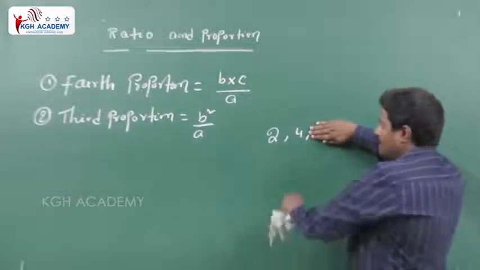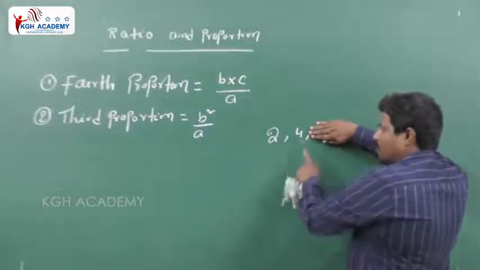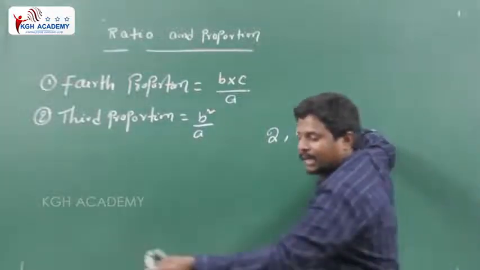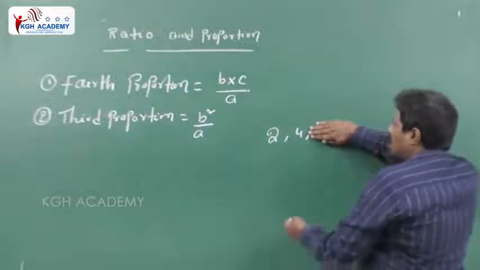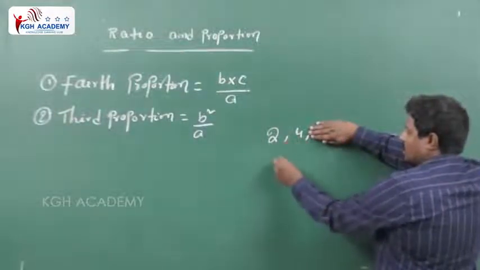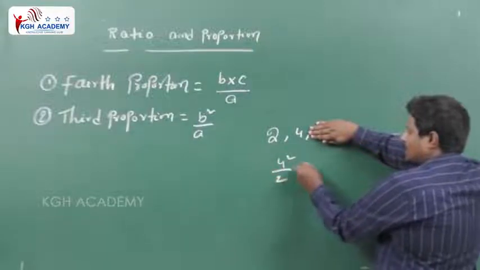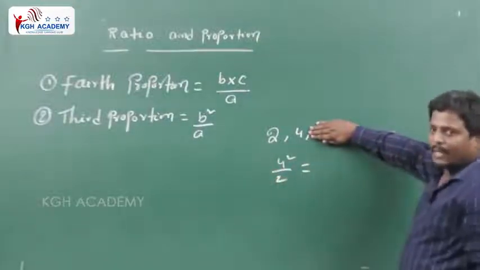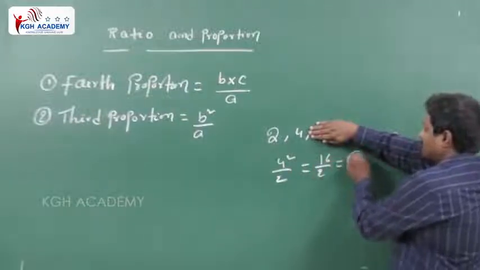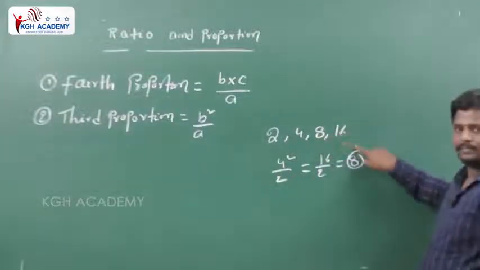What is the A value? 2. What is the B value? 4. We have a formula that is B square divided by A. B is 4 and A is 2. So 4 square divided by 2. 4 square is 16. 16 divided by 2 is equal to 8 simply. That is 8 in the third place.